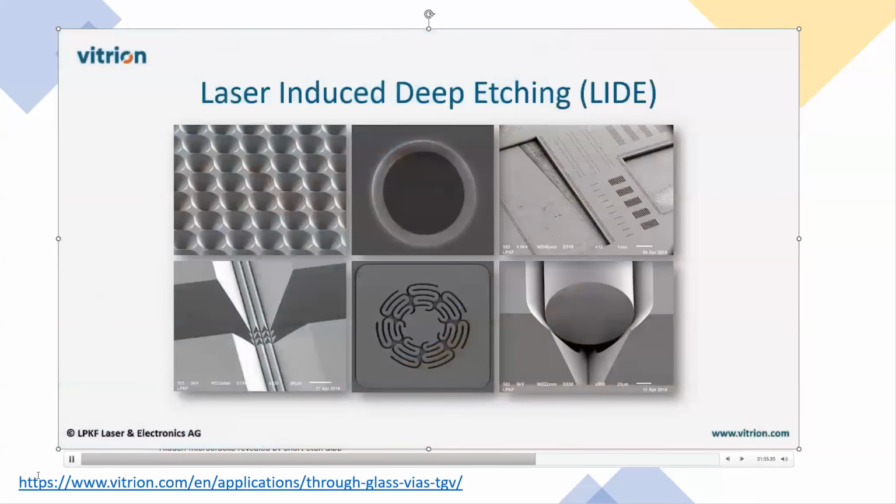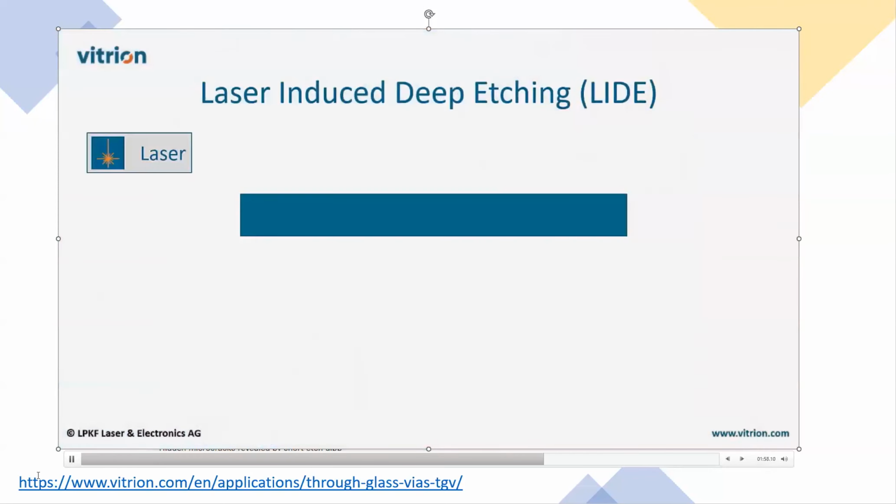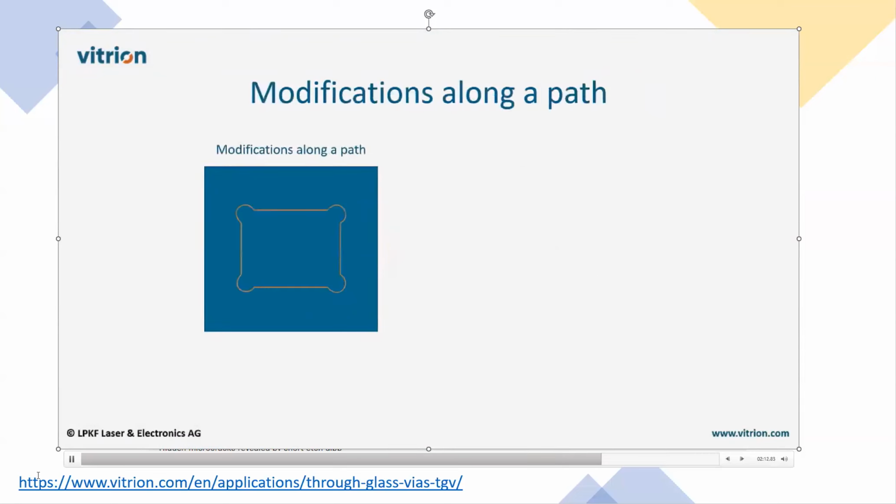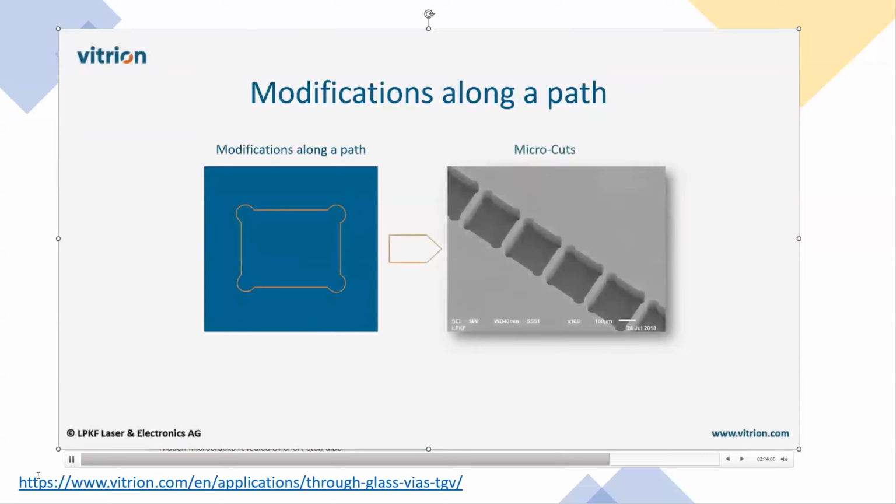LIDE technology offers infinite possibilities. The universal building block for all these possibilities is the line-shaped modification induced by a single laser pulse mentioned earlier. One detached line-shaped modification turns into a microhole. A series of these modifications along a toolpath turns into a microcut.